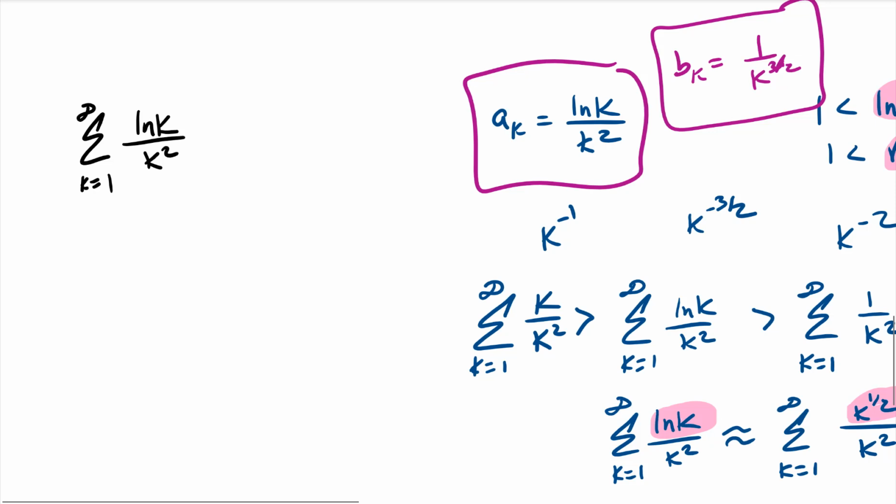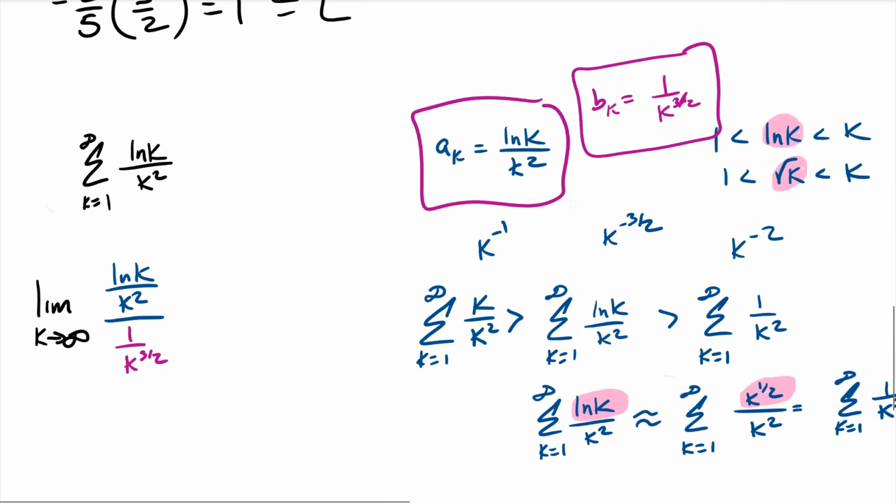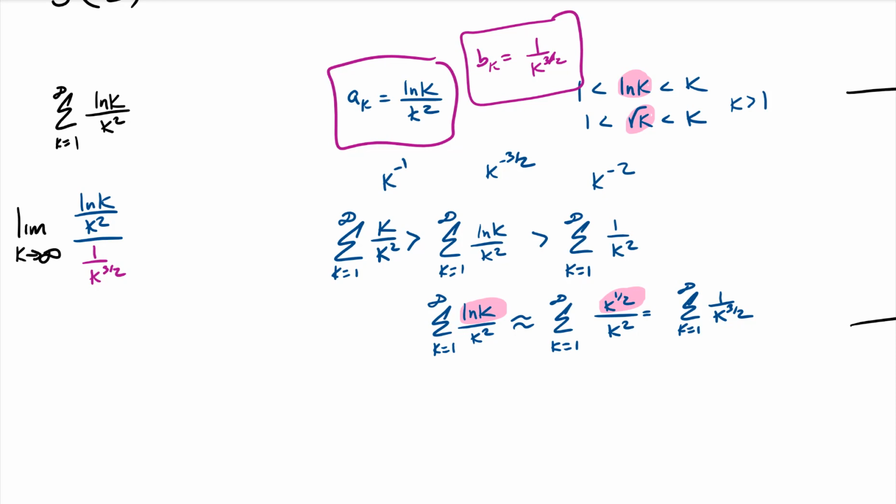So now that we have our two things, let's go find our limit as k tends towards infinity of our a sub k divided by our b sub k. Now, I jumped it the first time, but does our b sub k converge or diverge? Sorry about all my dang writing.